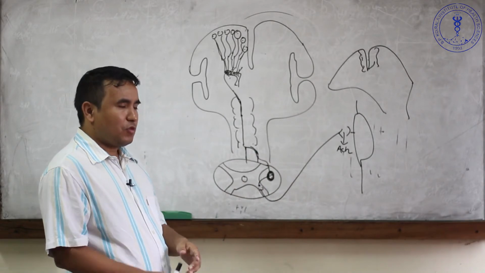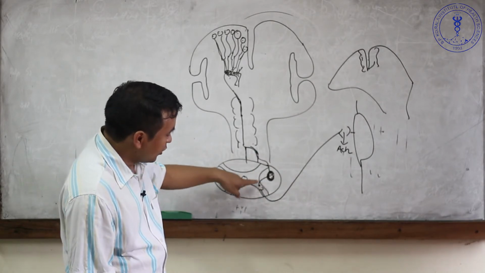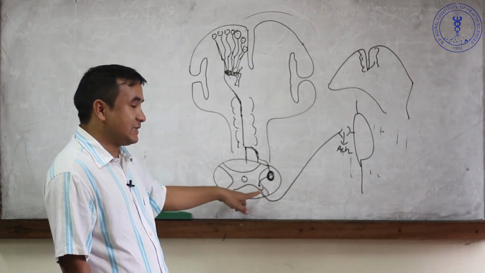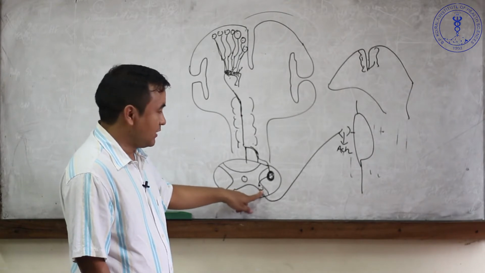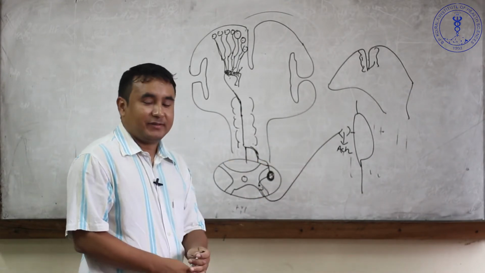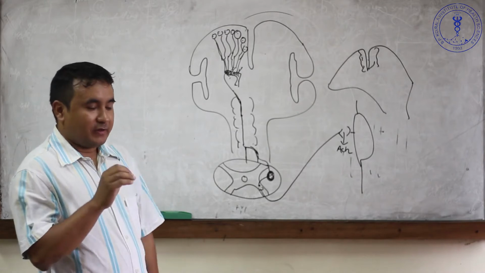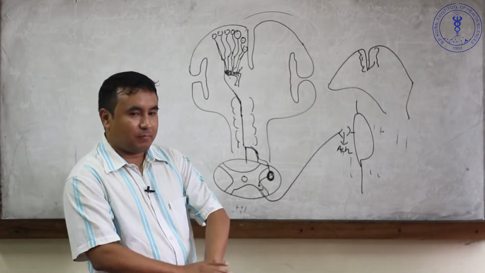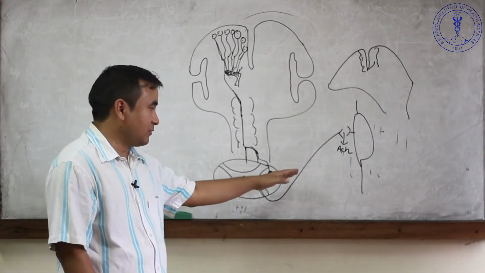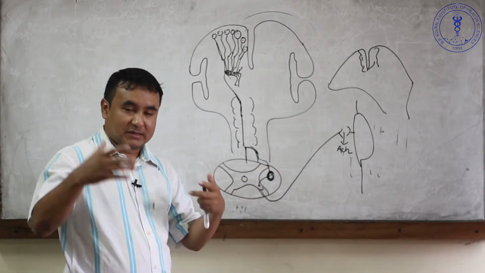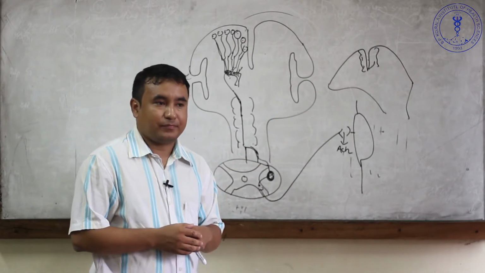another neuron will go to the anterior horn cells of the spinal cord and will supply the muscles of the different parts of the body, that may be the upper limb. So the neurons of the upper limb will come from the cervical region of the spinal cord.